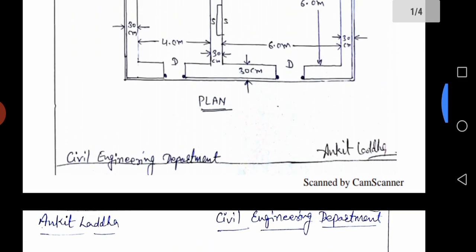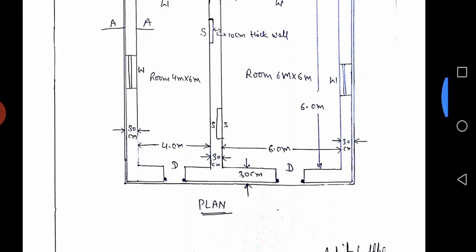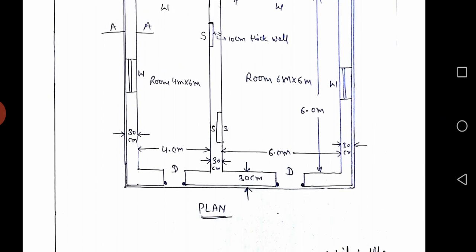In the plan, the 4 meter and 6 meter rooms are along the long wall, and between them is a wall of 30 centimeter, and both outside walls are 30 centimeter each. For the center to center distance, it is 4 plus 6 plus 0.3 for the middle wall, and 0.3 and 0.3 for both sides, divided by 2, because we calculate the center to center distance.